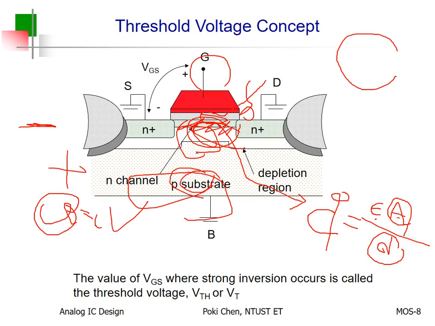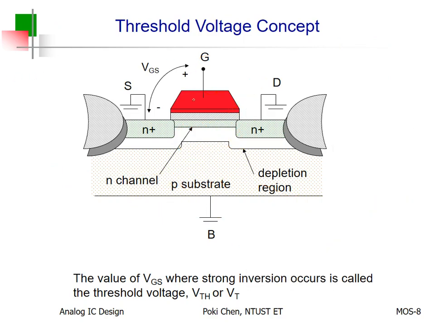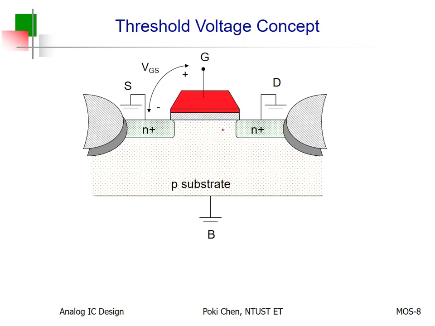Got it? And then, again, the charges here are fixed after fabrication. What can we do? The charge is fixed, but Q equals CV.